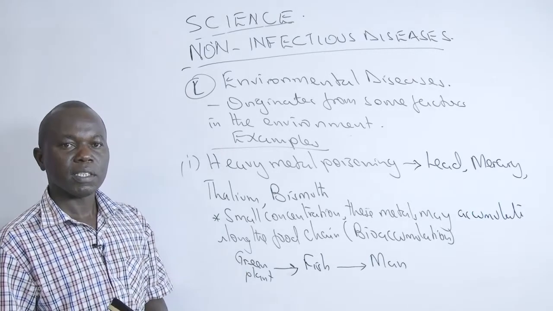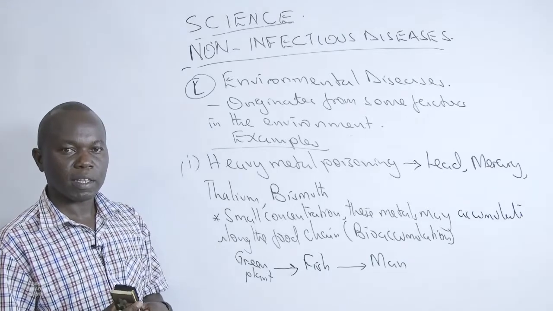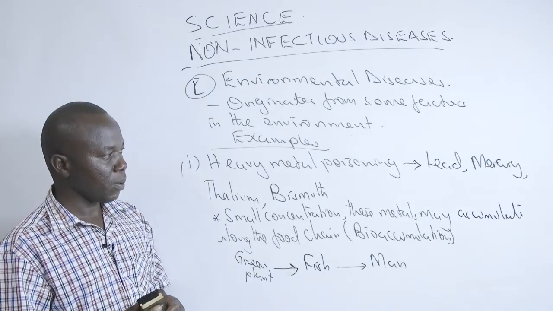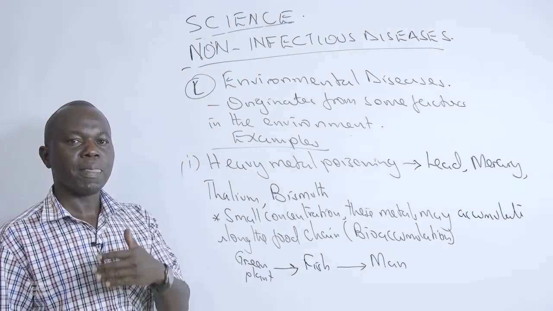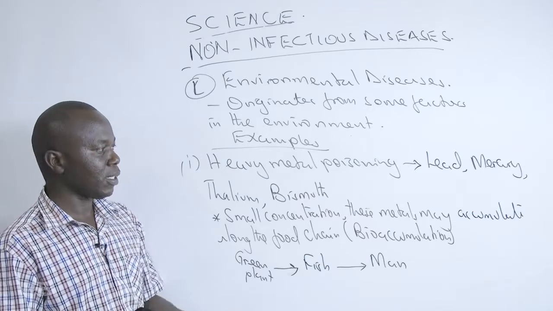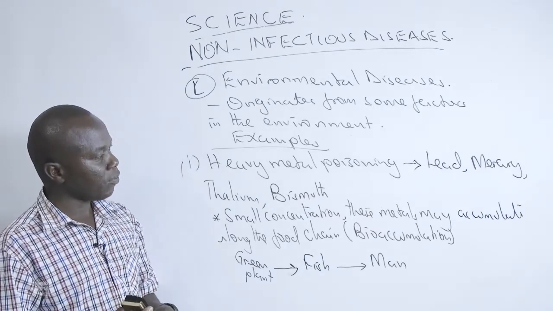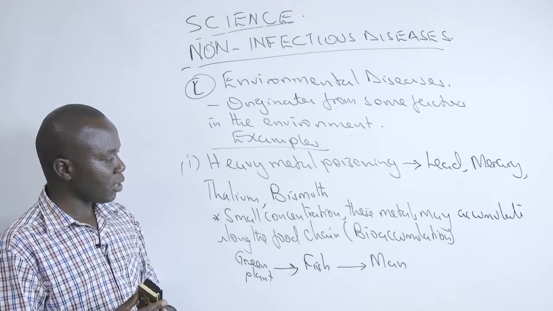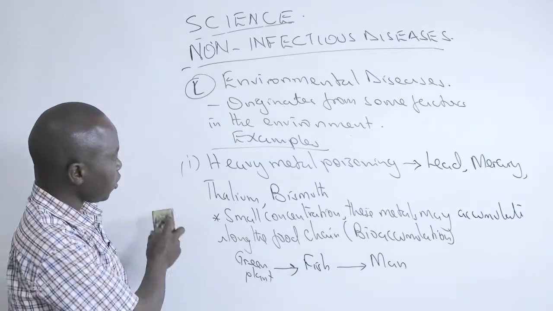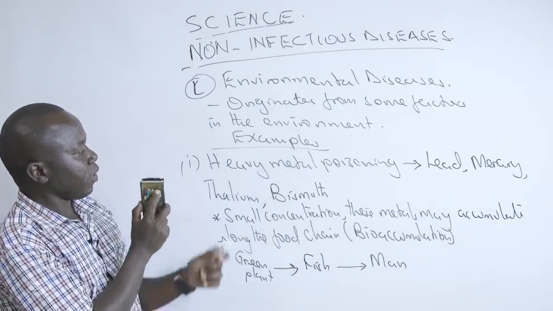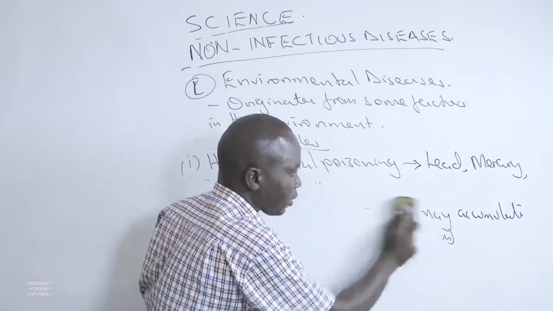It damages the nervous system and is also able to cause stillbirth for pregnant women or preterm deliveries. Preterm means before 9 months a child is born, maybe 5 months or 4 months, even before it is mature to get out. Then also another example for environmental diseases is drug-related diseases.